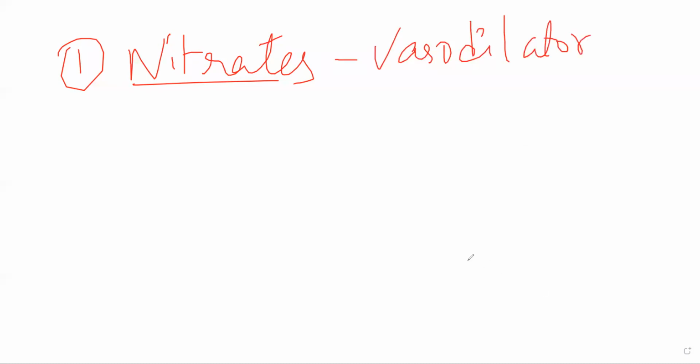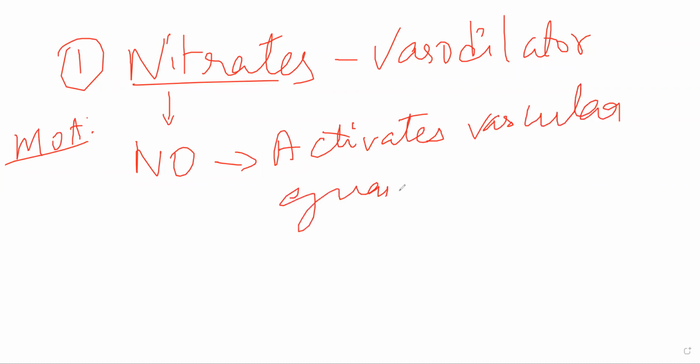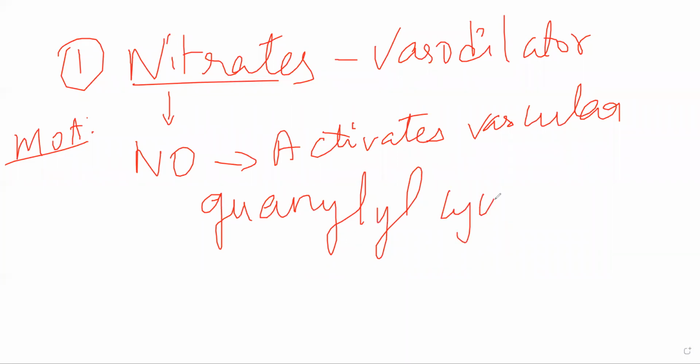Nitrates go into your body and they release nitric oxide. The speciality of nitric oxide is that it activates vascular guanylyl cyclase.